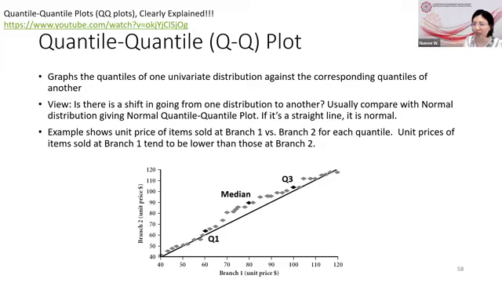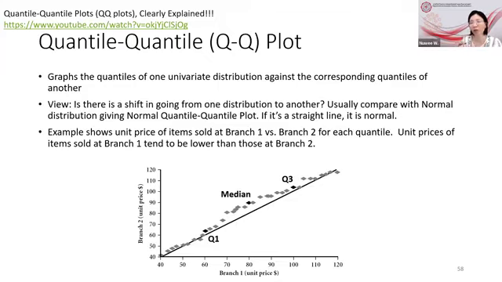So a quantile plot means that you want to compare the distribution of a variable with the distribution of another variable, whether one distribution is shifted from another distribution. So usually it would compare your variable with a normal distribution.